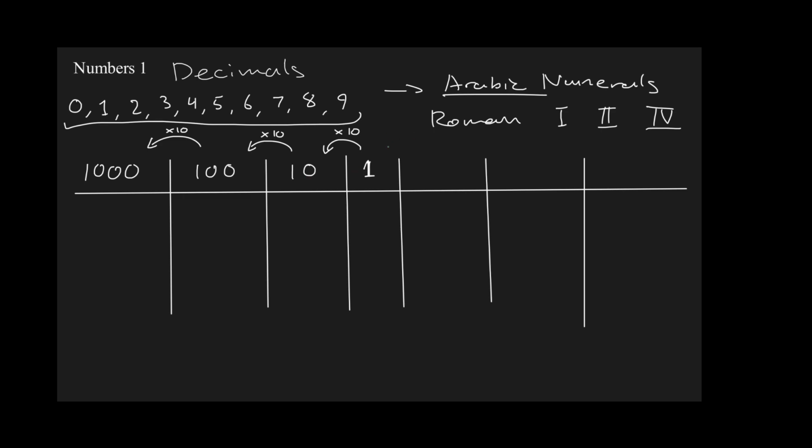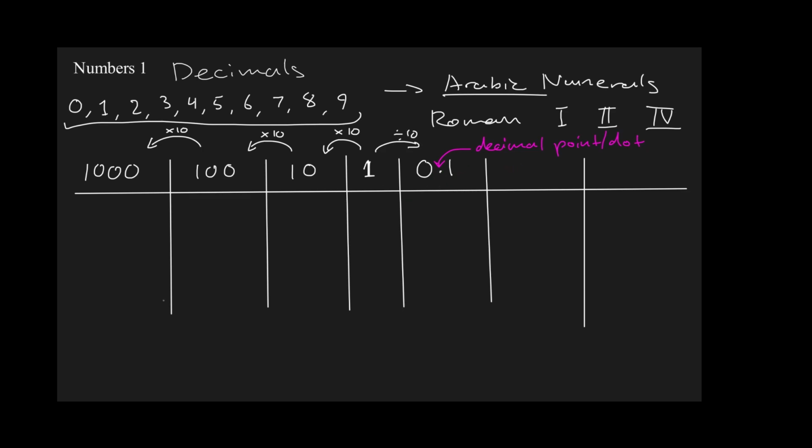But if we go backwards, we go the other direction, towards the right, and we divide by 10, we get a special little number, 0.1. Now this thing right here, this is called a decimal point. And what it signifies is that it's a fraction. It's less than 1. Everything on the other side of this is less than 1.